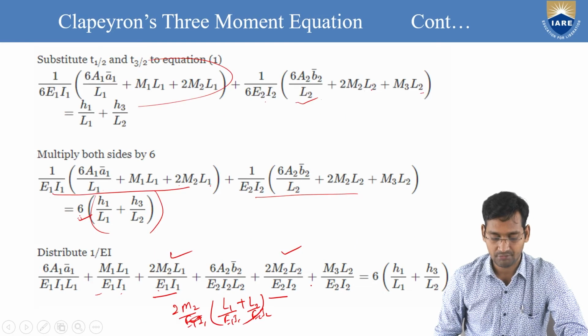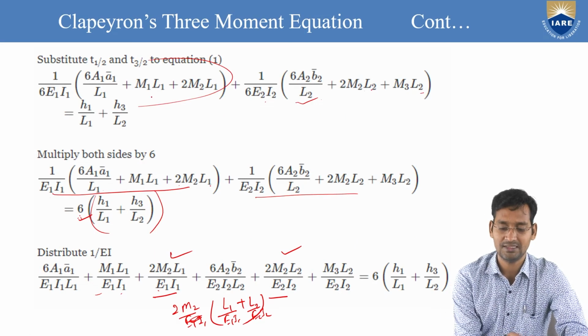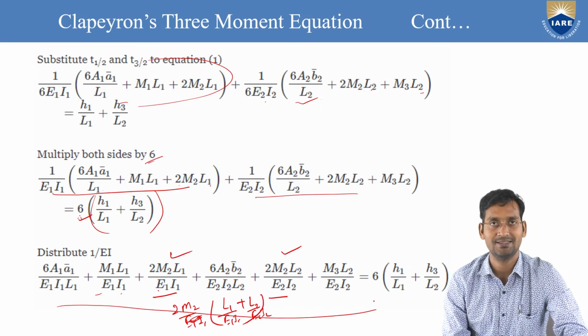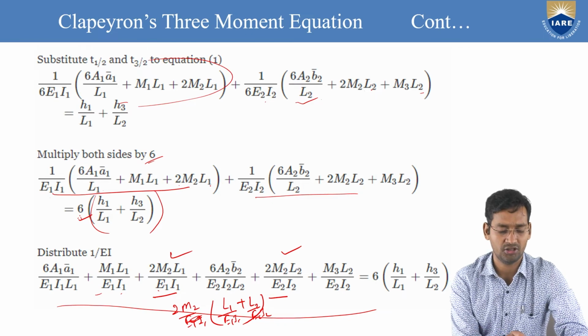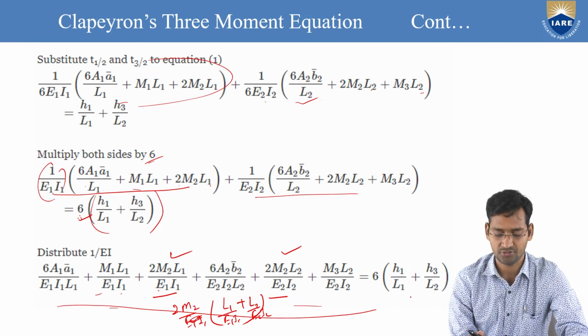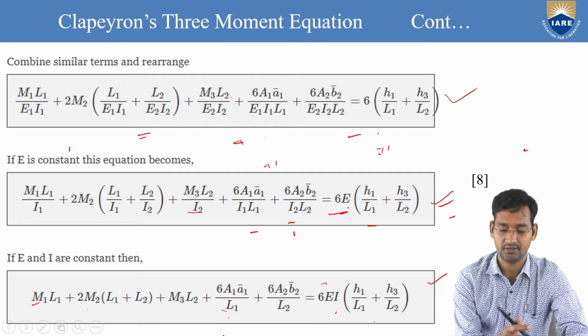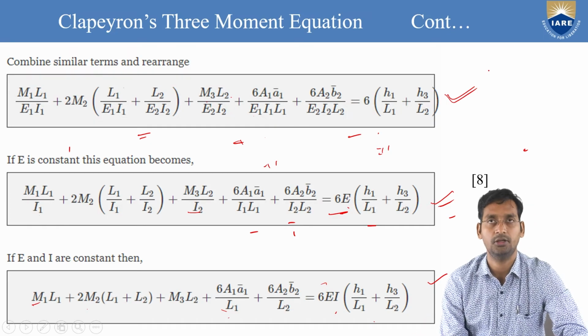Now once you have this, just arrange the values. Let's just substitute and arrange later. Here we have already multiplied by 6, and then what next? Distribute 1 by EI with all the terms, 1 by EI multiplied with all the terms. After this, you will get this. Next, what you have to do? So this will be the final equation.